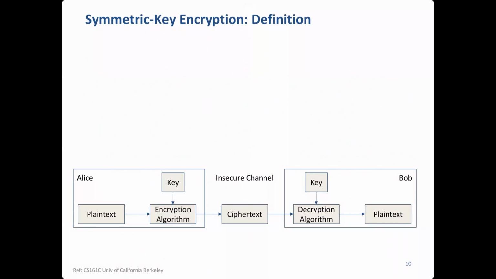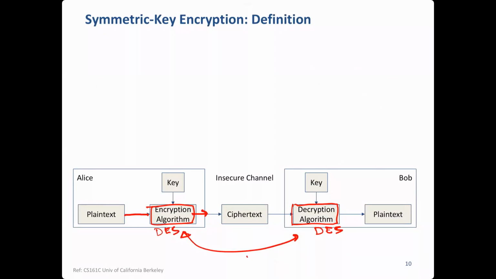P is a plain text that is being encrypted, with an encryption algorithm, and corresponding to it is a decryption algorithm. Note that these encryption and decryption algorithms are well designed. If you are using, say, the DES encryption algorithm, you will have to use the DES decryption algorithm. Another important thing is that there is a one-to-one correspondence between plain text and ciphertext.